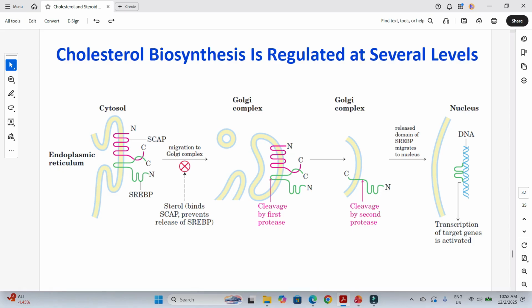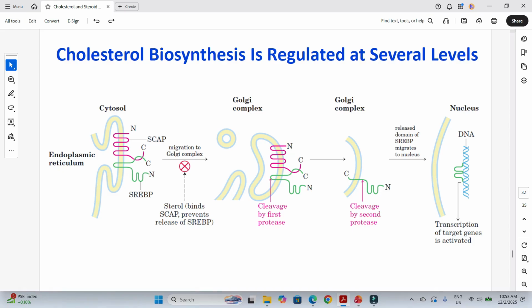Again, so SREBP SCAP will migrate from the endoplasmic reticulum in the cytosol to the Golgi complex. It's going to be cleaved by a protease, another cleavage by a different protease, will lead to the release of this SREBP domain, which leads to the activation of target genes, the genes that are responsible for the synthesis of cholesterol.